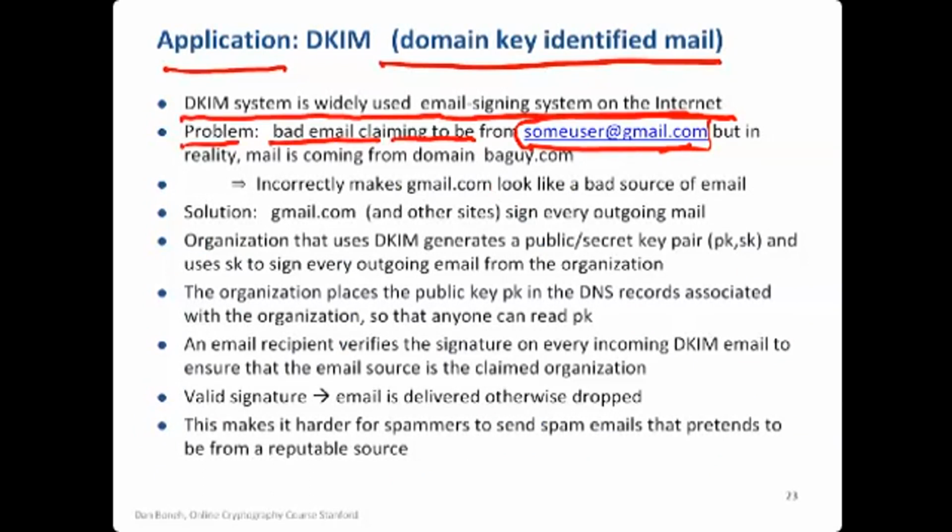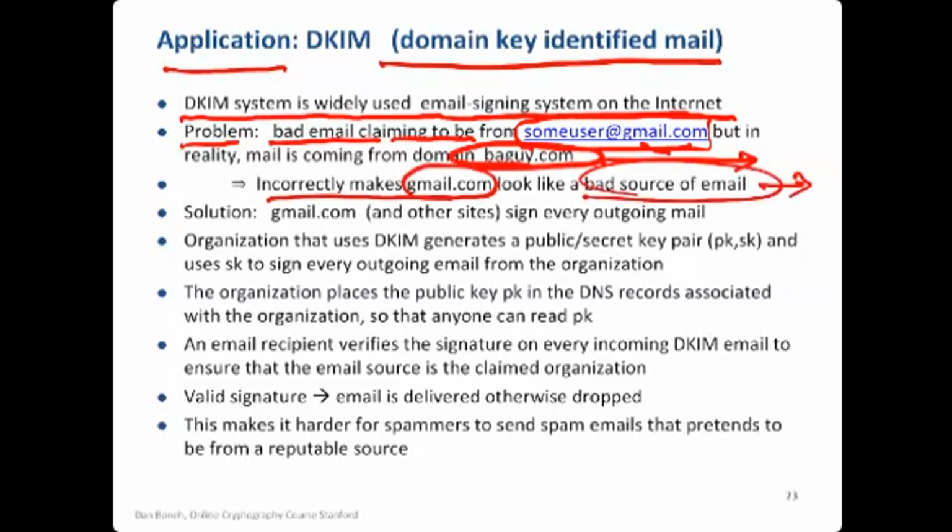But in reality, instead of coming from the Google server or gmail.com server, it's coming from badguy.com. This is a malicious one, and so it incorrectly makes gmail.com look like a bad source of email. How do you know whether you are actually getting a genuine one?